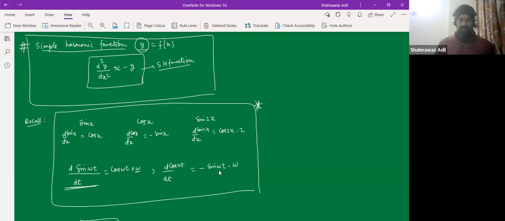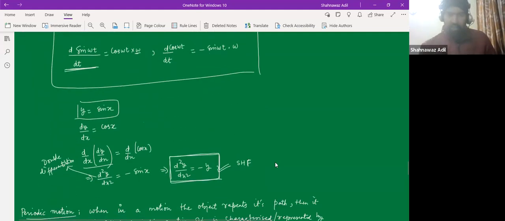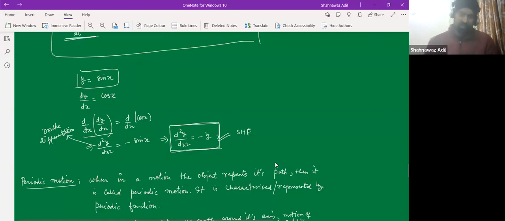Have you guys noted? Please tell. Yes, sir. This is the simple harmonic function.